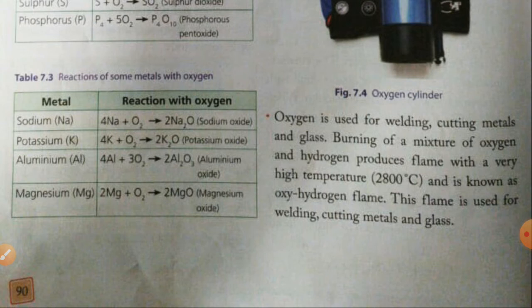You have seen in a goldsmith shop that they use fire just to melt the metal. In that fire also they use oxygen. So these are some of the uses of oxygen.